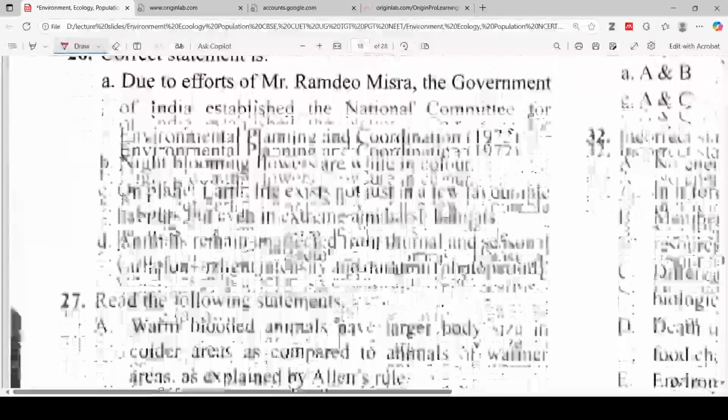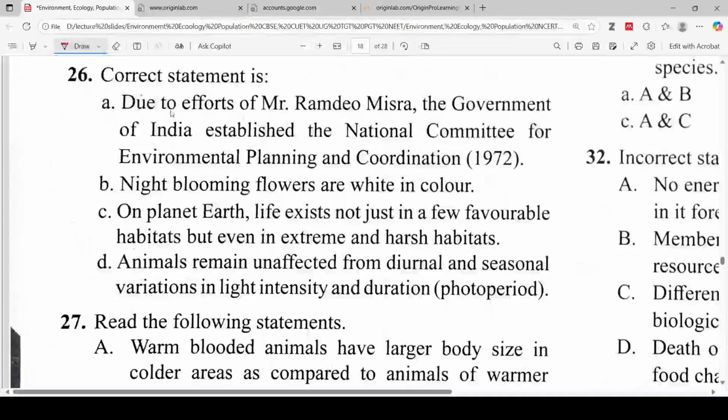Next question, the correct statement. Due to efforts of Mr. Ramdeo Misra, the government of India established the National Committee for Environmental Planning and Coordination. The night blooming flowers are white in color. On planet Earth, life exists not just in a few favorable habitats but even in extreme and harsh habitats.